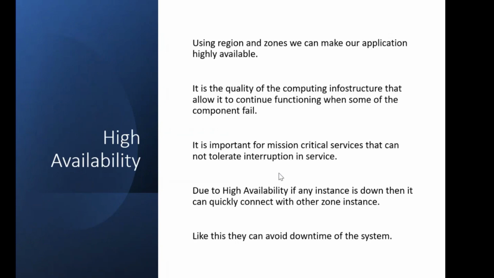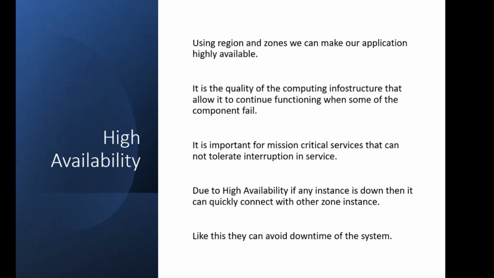What we are talking about with higher availability is that using regions and zones, we make our application highly available. It is the quality of the computing infrastructure that allows it to continue functioning when some of the components fail. It is important for mission critical services that cannot tolerate interruption.